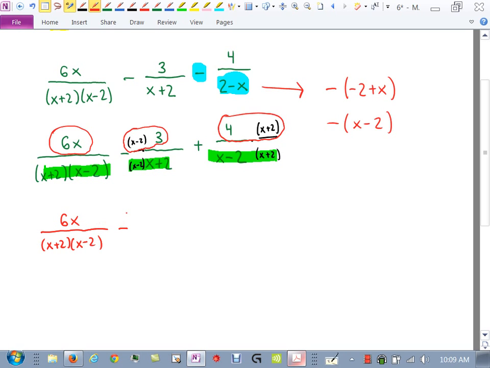I'm going to have minus. Now what happens when I distribute this 3 through here? 3x minus 6 over x plus 2 times x minus 2. Then plus, what? 4x plus 8 over x minus 2 times x plus 2. It doesn't matter which order you do it, right? They're going to be the same anyway.